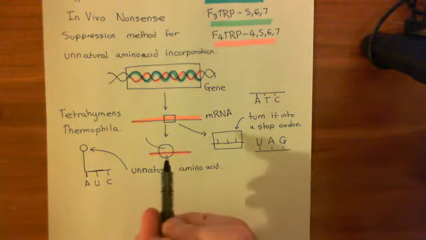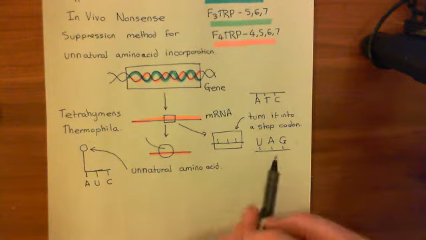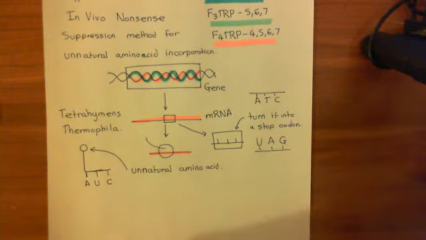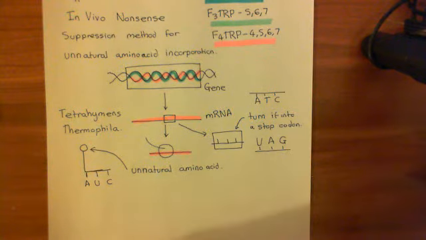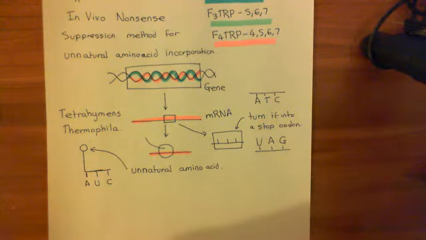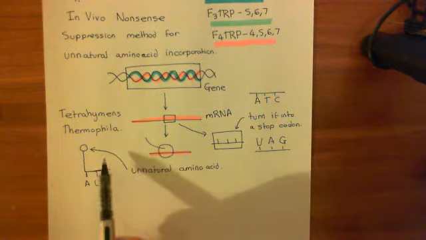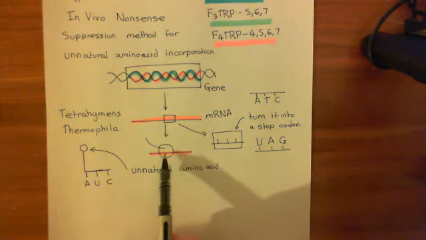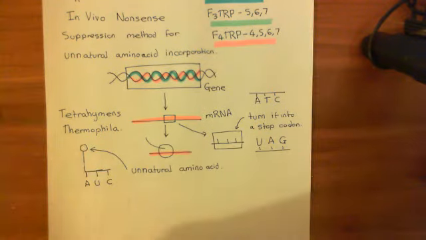And now what will happen? The ribosome will let this tRNA come in, and it will put in our unnatural amino acid in place of the stop, in the place of the protein that this stop codon corresponds to. So when you reach this stop codon in the ribosome, the ribosome will basically put in our unnatural amino acid, and then it will continue on with the protein synthesis, because everything else has been left untouched.